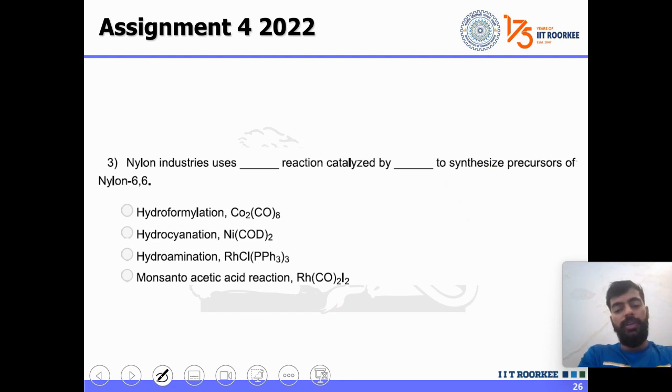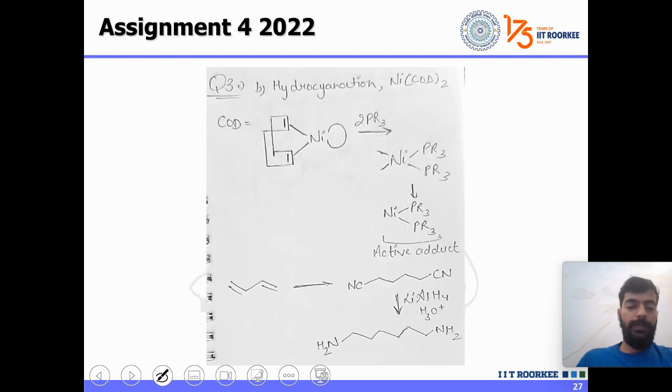Nylon industries use a reaction catalyzed by blank to synthesize precursors of nylon 6,6. What may be the correct answer? Let us see. Hydrocyanation and Ni(COD)2.